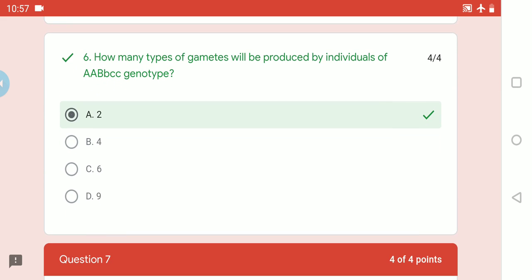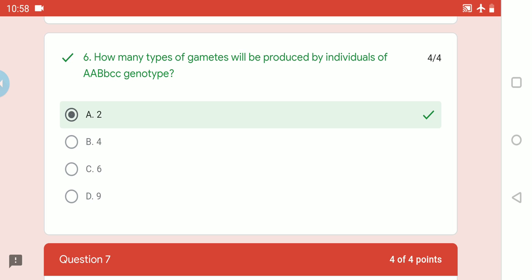Next question. How many types of gametes will be produced by individuals of the genotype AA, BB, CC? Here you should use paper and pencil and write down whatever they have given: AA, Bb, and cc. These are the possibilities in gamete formation. One possibility is capital A, capital B, small c.